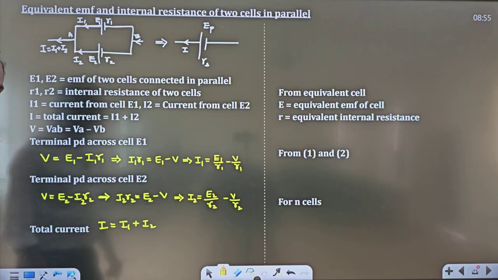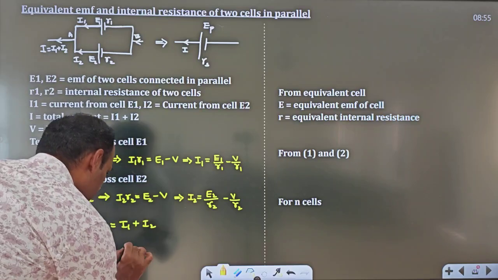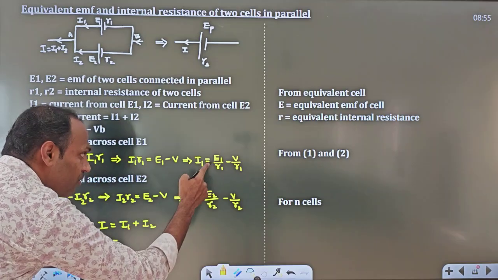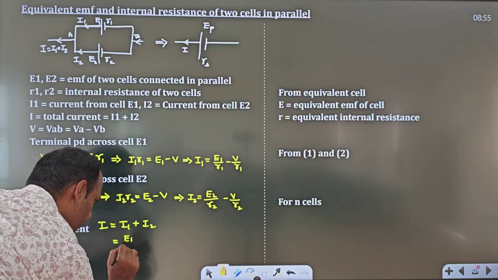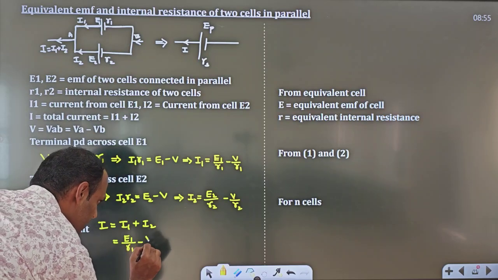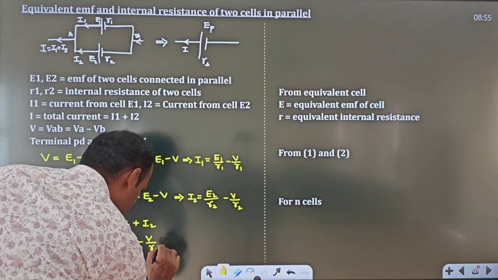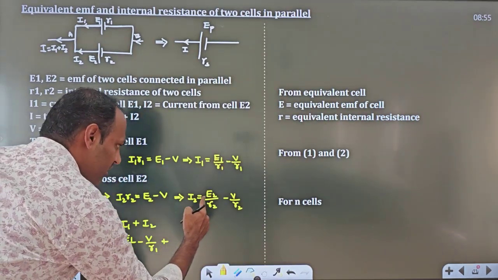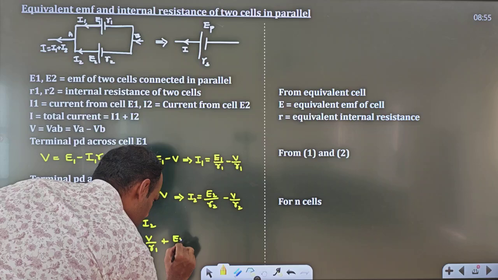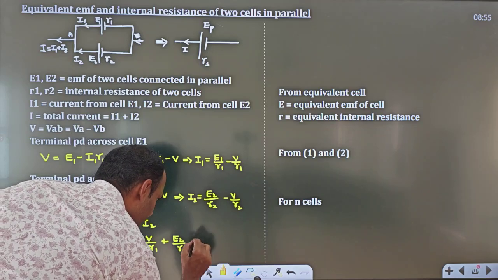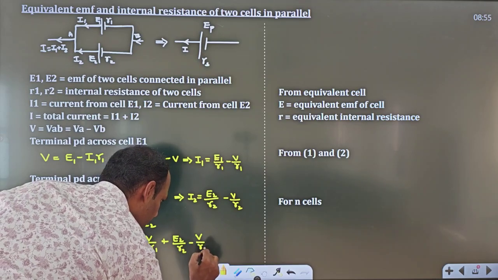Substitute the values of I1 and I2 here. The I1 value is E1 divided by R1 minus V divided by R1, plus the I2 value, which is E2 divided by R2 minus V divided by R2.